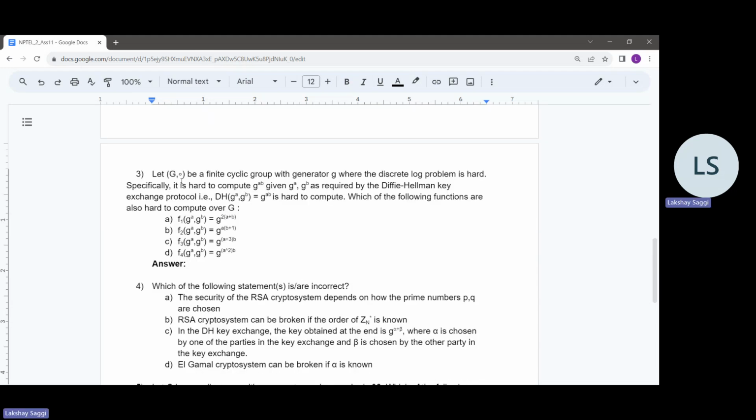The third question says: let (G, o) be a finite cyclic group with generator g, where the discrete log problem is hard. So what's a cyclic group and what's a generator of that group? This has also been covered in the lecture.